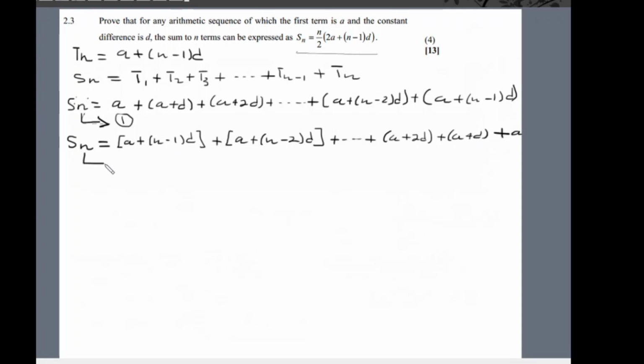And then we will call this our equation 2. Now add equation 1 and equation 2. On the left hand side, Sn plus Sn will be 2Sn, right?